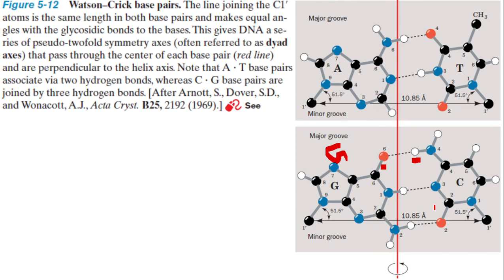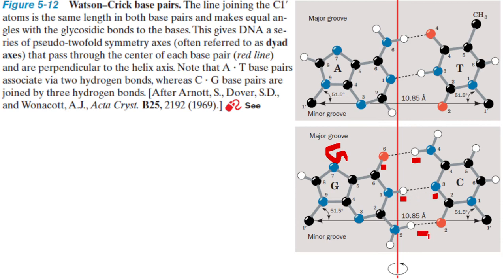And in cytosine, what is this group? This is a nitrogen atom, and this is an oxygen atom. So this is another hydrogen bond being formed here, and this is another hydrogen bond.